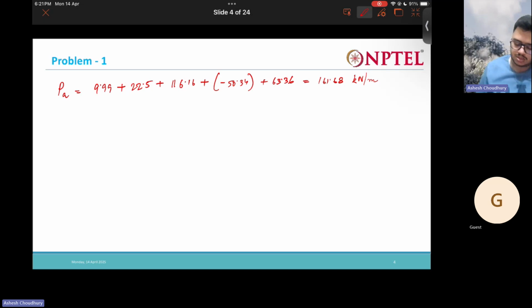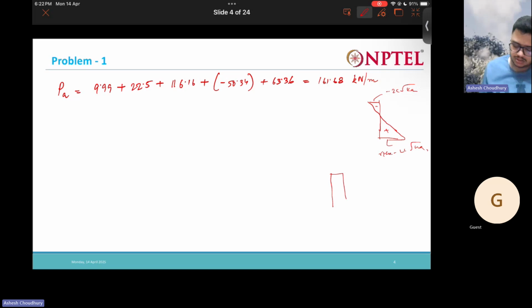So this part is minus 2c root over Ka, and this is gamma z Ka minus 2c root over Ka.